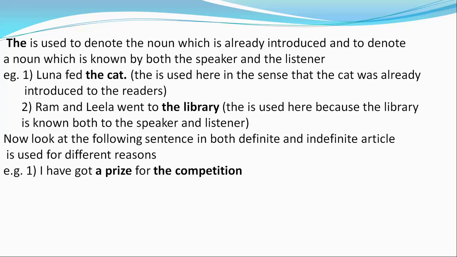But the prize which I have got in the competition was not introduced to the listener. And so we have used the indefinite article 'a' before prize, the noun about which the listener is not aware. But for the noun competition, about which the listener is already aware, we have used 'the' before this noun.